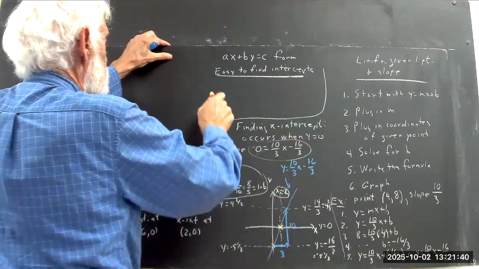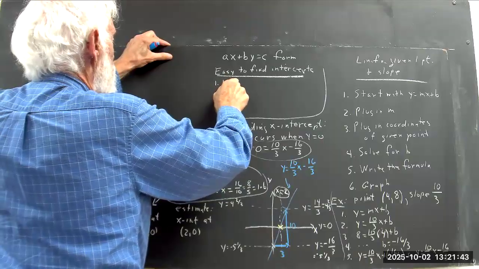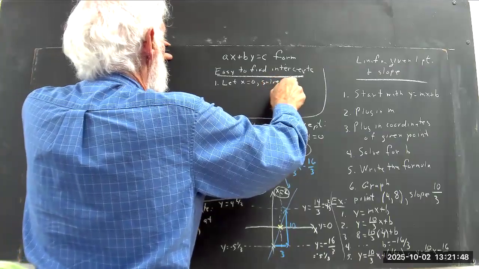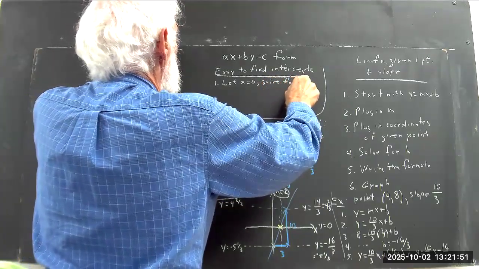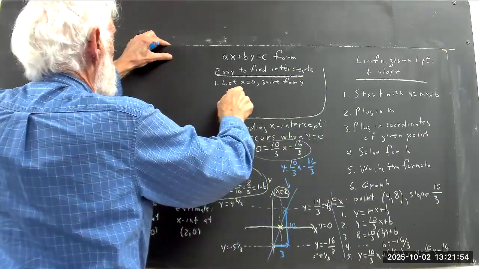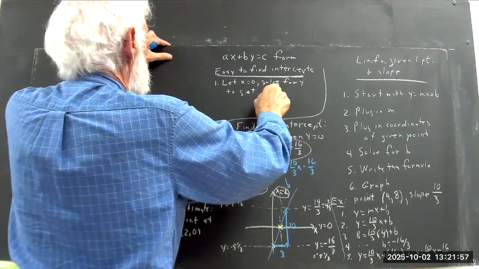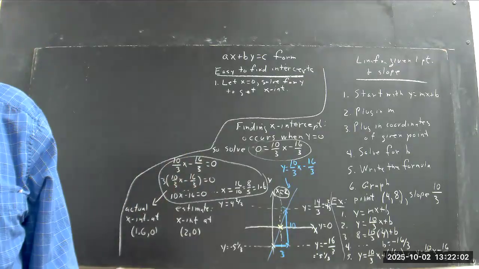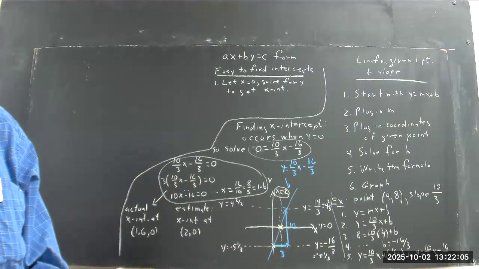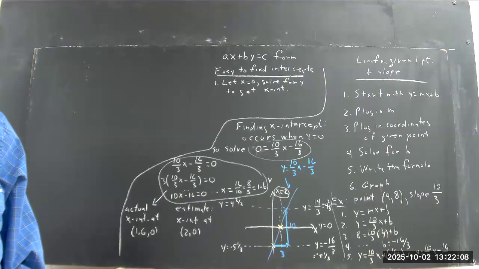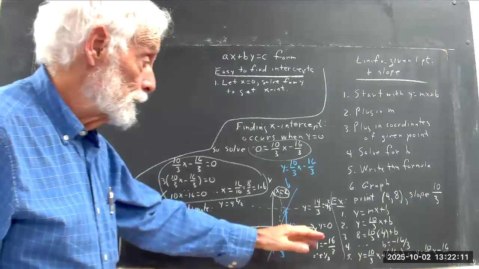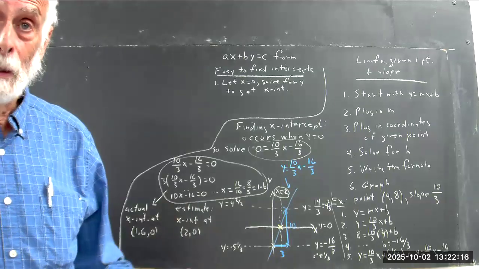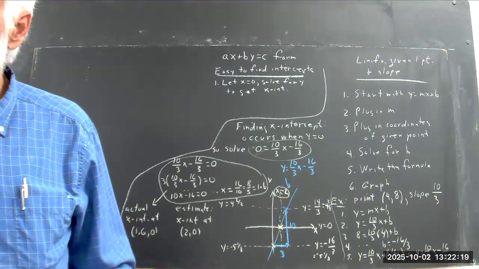It's easy to find intercepts. I say let x equals 0 and solve for y to get the y-intercept. And the x-intercept occurs when y equals 0, right? The x-intercept is on the x-axis. The x-axis is the line y equals 0. You really want to remember that. It's the second time I think I've said that today, okay?